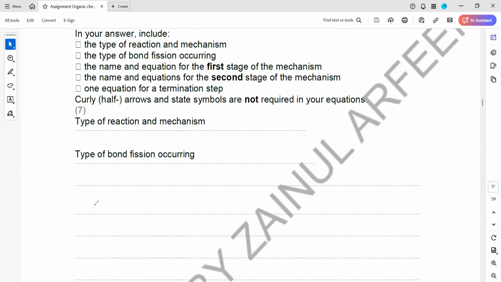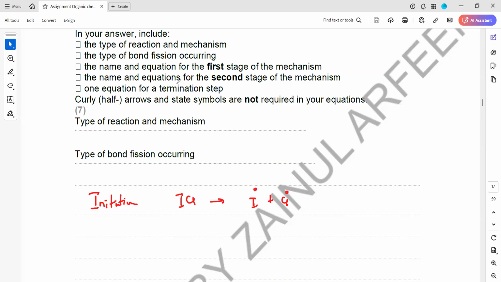The first stage is called the initiation step. And in initiation, what will happen? The ICl, because it produces a free radical, will produce an iodine free radical and a chlorine free radical. Both free radicals will be produced in the first stage.